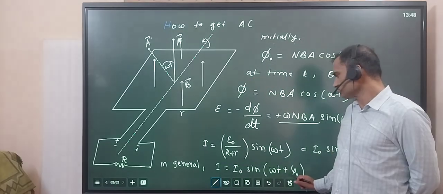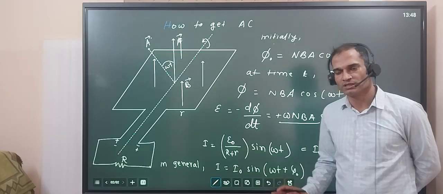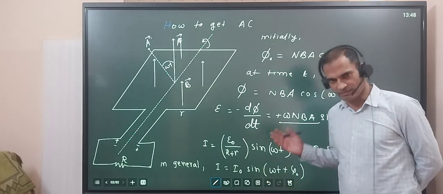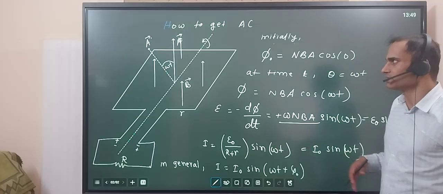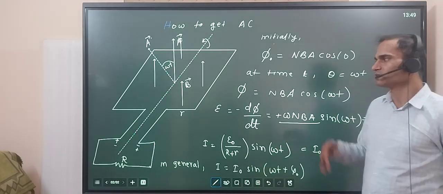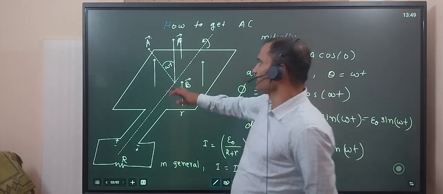In this particular case, phi naught is 0. It can be pi by 2, it can be 45 degrees, pi by 4, any other angle. So how can we get that phi naught? Let us see.